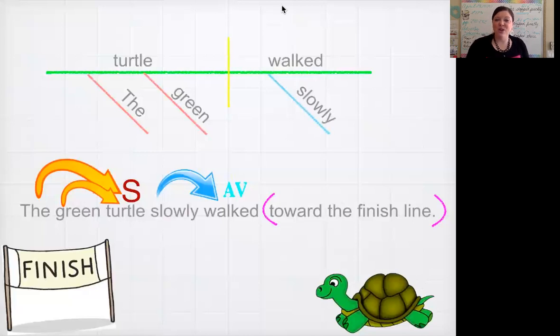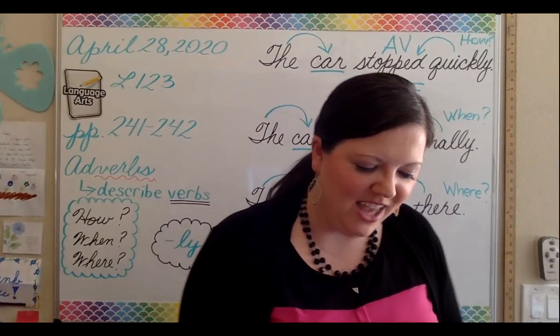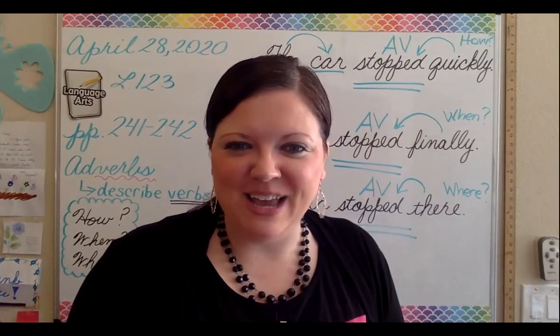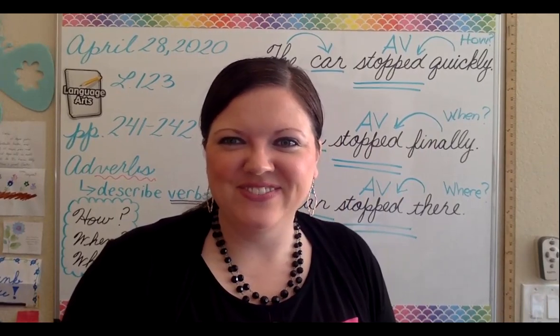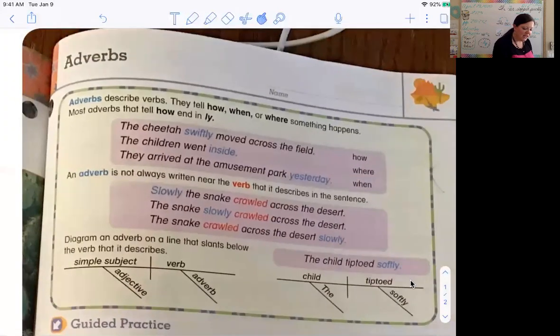Okay, if you would go ahead and take a look at your book, please. There's a couple of things I want to point out to you. Let me share my screen with you. If you have your pencil, there's a few things I'd like for you to mark and draw your attention to. Let's take a look at the yellow box here at the very top.